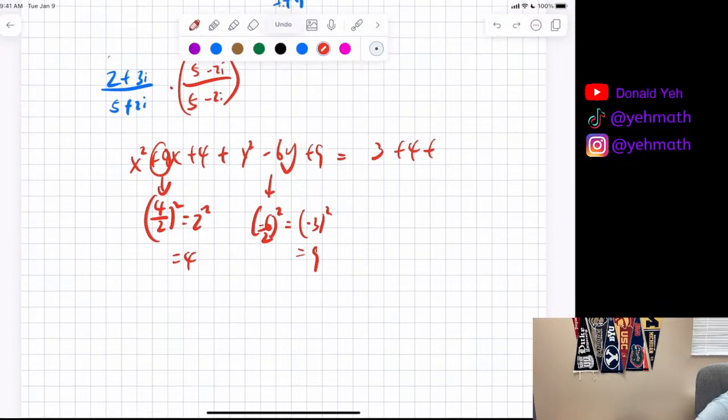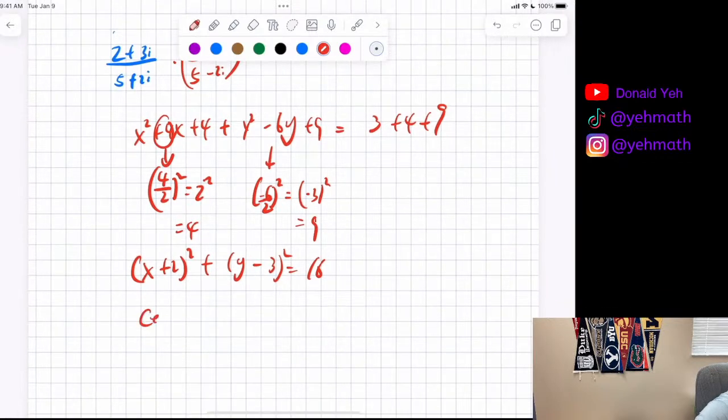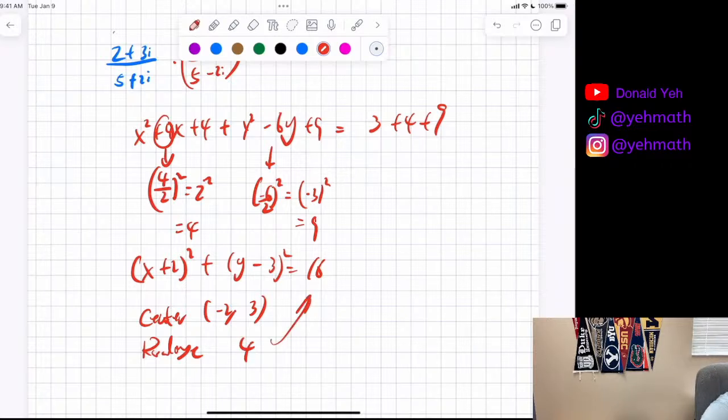And then you can complete the circle equation. It's going to be like this. And then your center is going to be -2 and 3, and your radius is going to be 4, because the square root of 16 is 4.